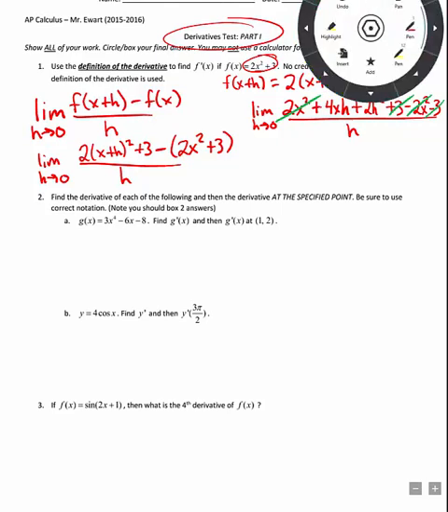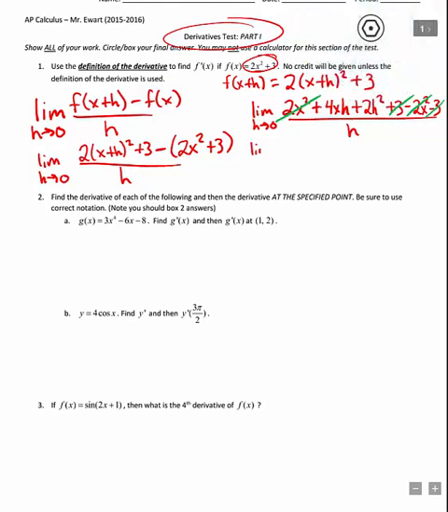And then from there we'll rewrite this as the limit as h approaches 0 of 4xh plus 2h squared all divided by h. And you can factor out an h there. So that's equal to the limit as h approaches 0 of h times 4x plus 2h over h. And then we can divide out the h.